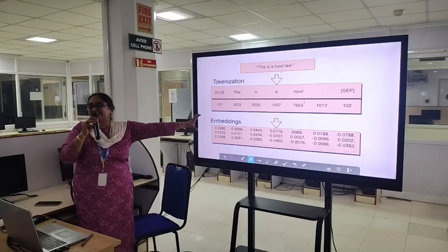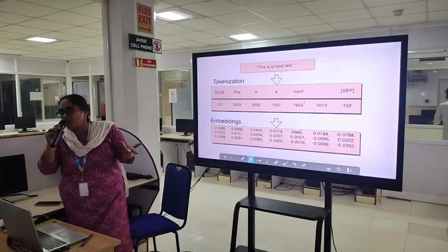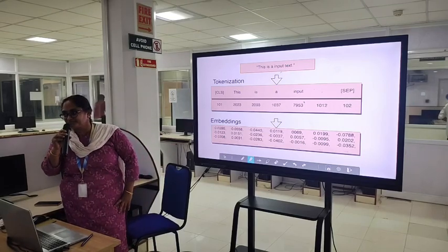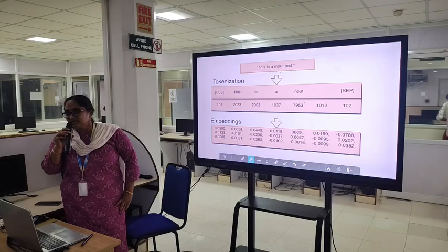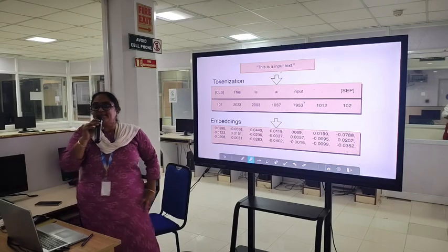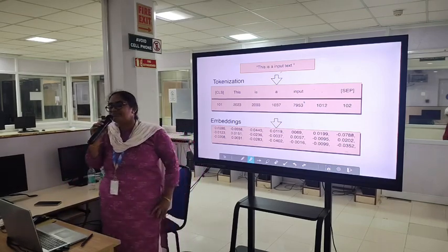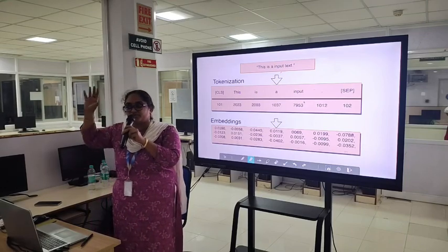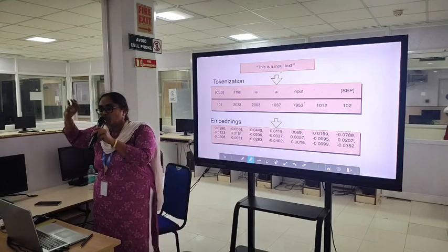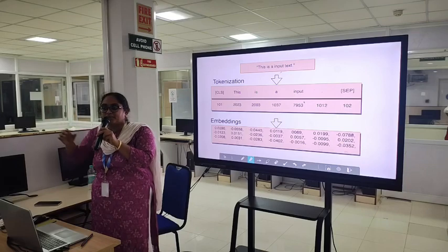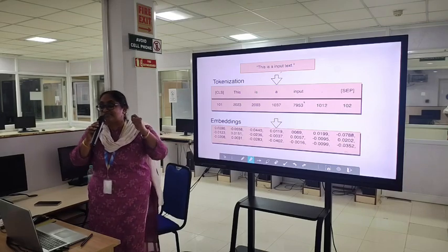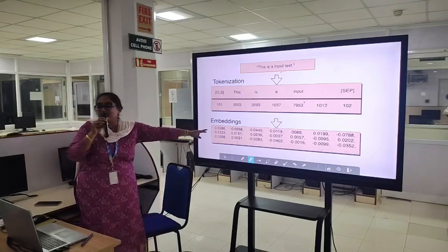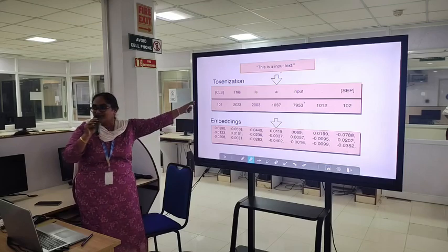So what are these embeddings? You may ask, ma'am, I don't know what an embedding is. What they did is they analyzed the vocabulary of English and formed a set of tokens that can repeat over a period of time, and they have given a specific dimension for each and every token.